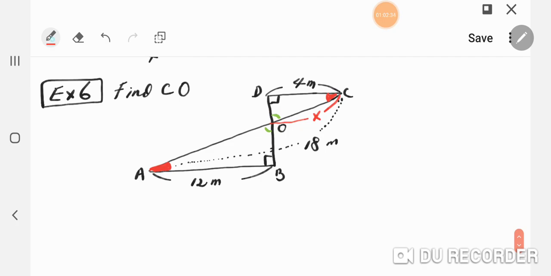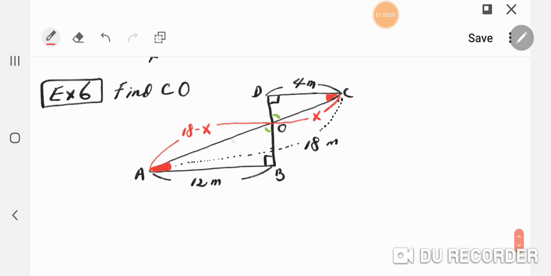For this one, we've got to know the length of AO. The total length is 18, right? So subtract x from 18. Because AC is 18, and we don't know the length of OC, so let's say x is OC.